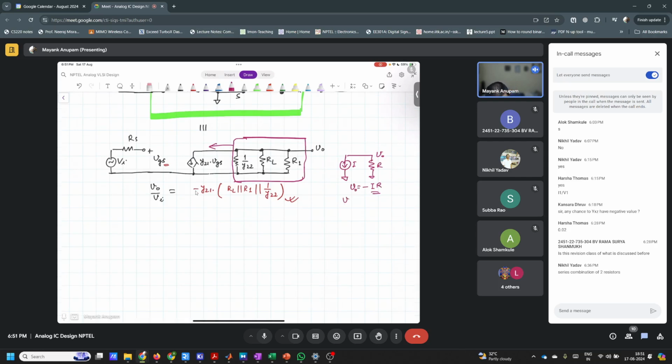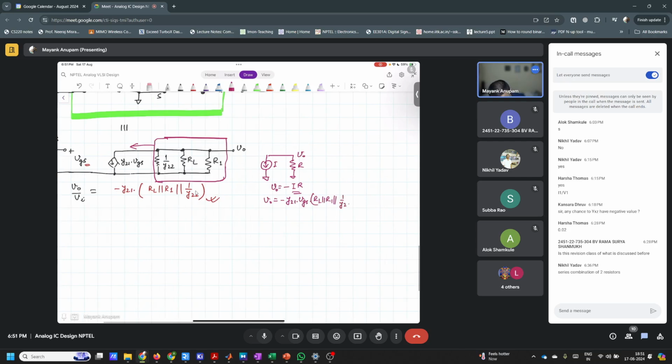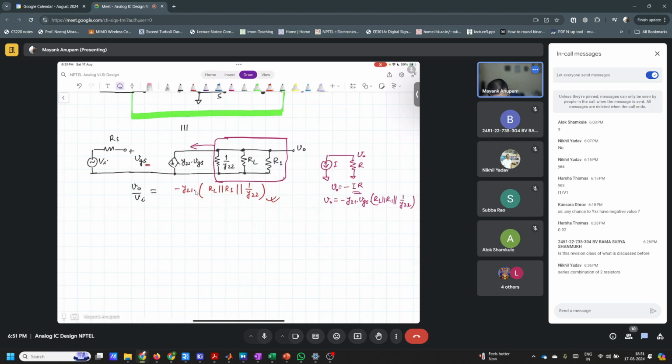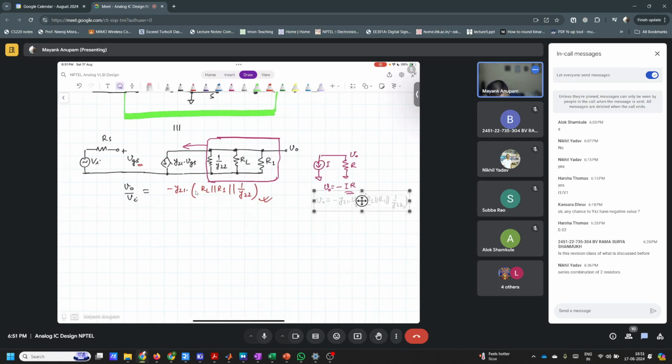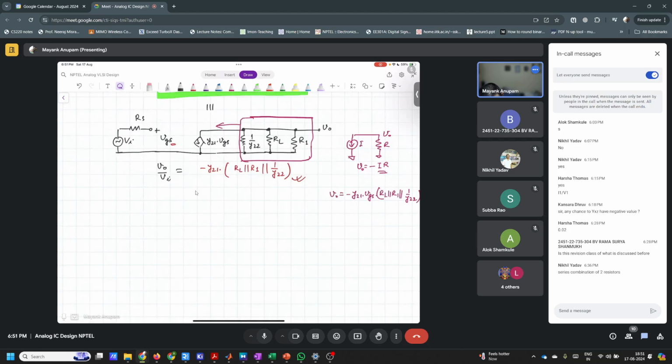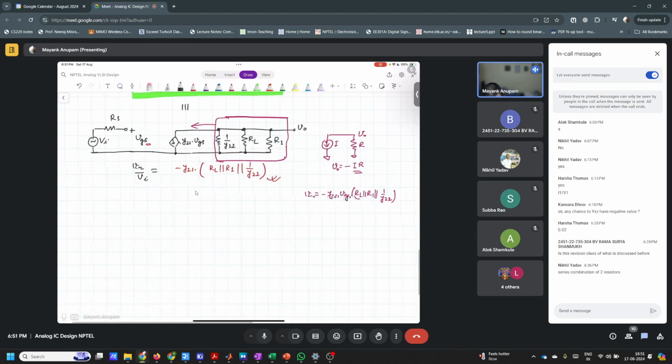So here I is equal to what? Minus, so it is Y21 times VGS, and what is R? R is the parallel combination of RL, R1 and 1 over Y22. That is what it is. So this is VO. So what is VO over VI?